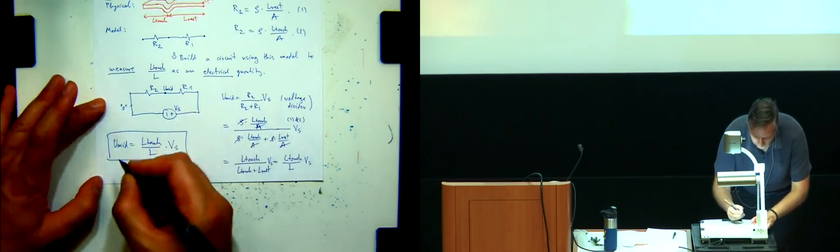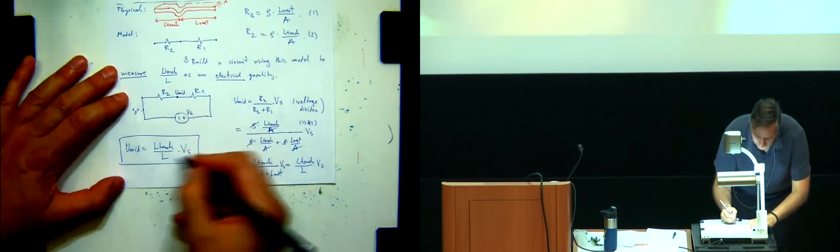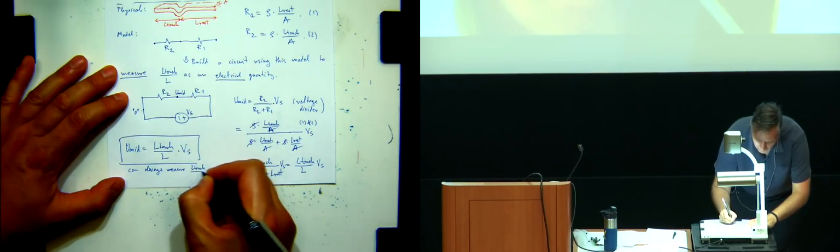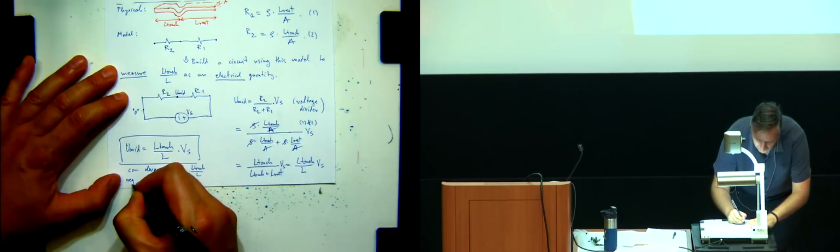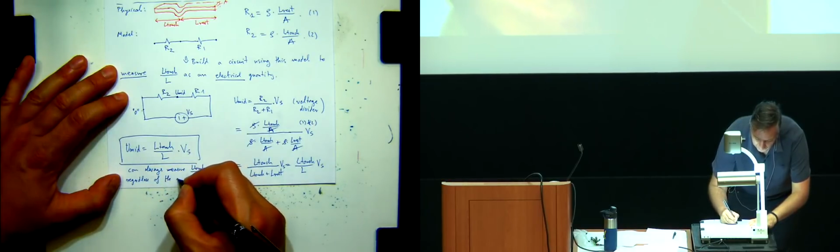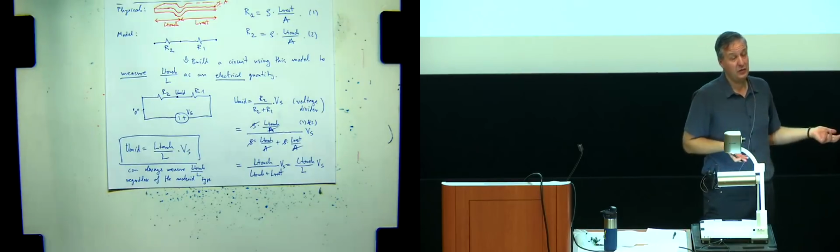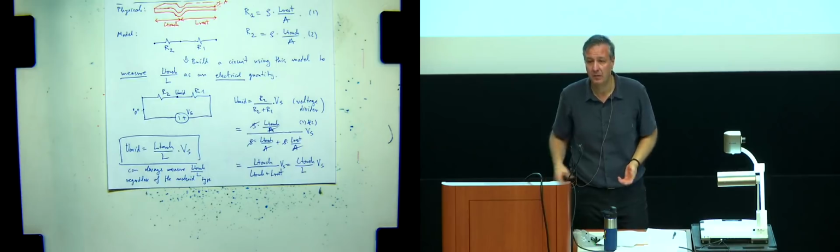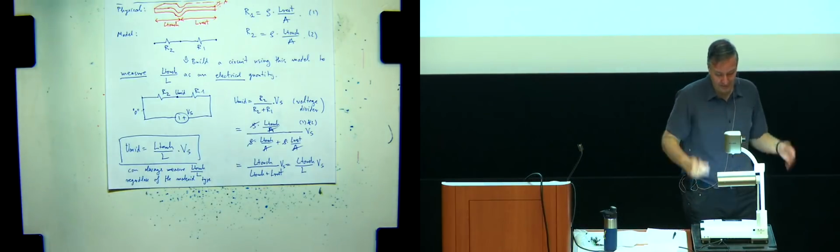So, this means I can always measure L touch over L regardless of the material, as long as it's a conductor. Right? It has to be a conductor. If it's not a conductor, the circuit doesn't work. So it has to have some reasonable resistance.